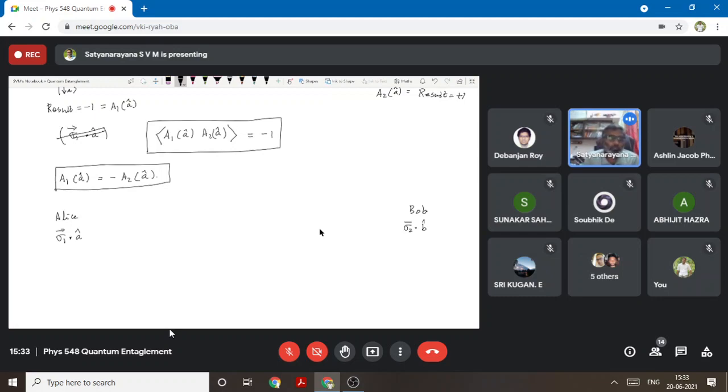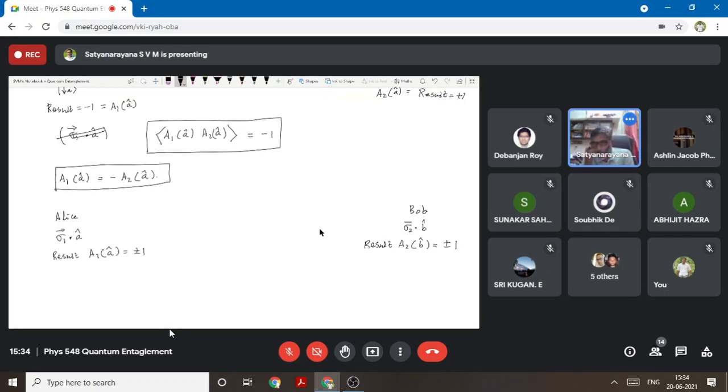The result, we can call this A1 of a cap, will be plus or minus 1. And here also the result, which I will call A2 of b cap, is also plus or minus 1, because whatever you measure, you will get either plus 1 or minus 1.